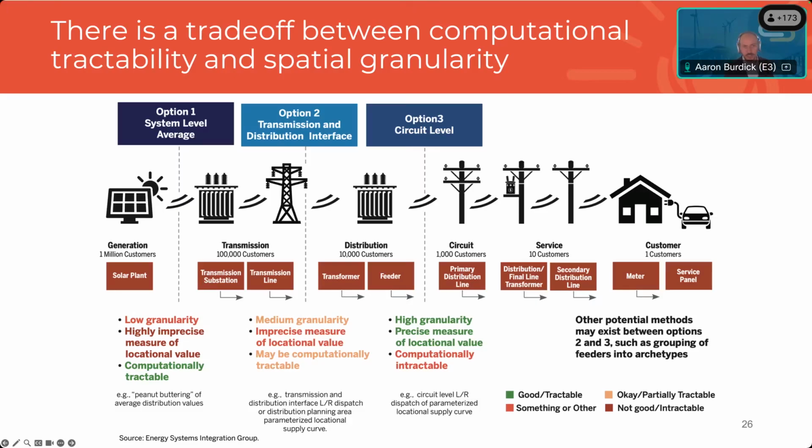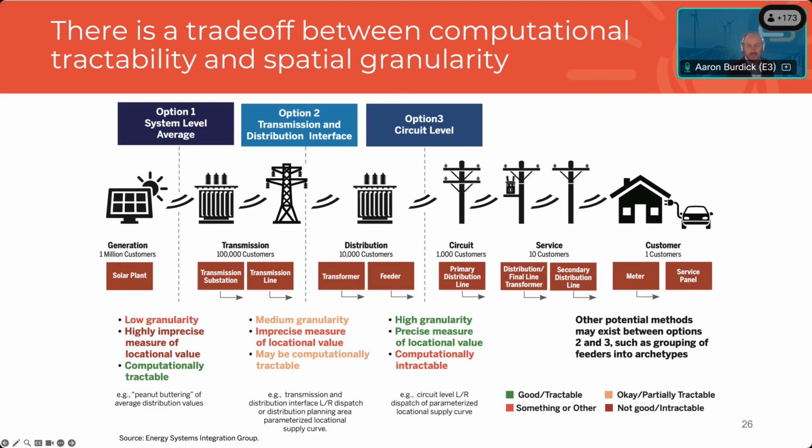So this could be a distribution planning area or like the 69 kV interface. And this kind of balances, so it may be computationally tractable, but it's still not a super precise circuit level measurement of the value and the marginal costs on the distribution grid. If you go all the way down to the circuit level, that's where you get that really precise value, but it's too much data to be computationally tractable.